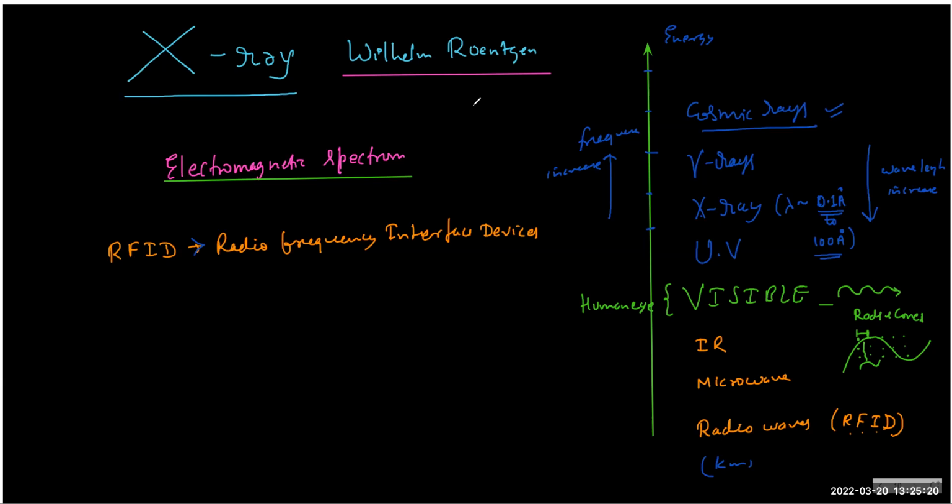So we break the hybridization, and this breaking of bonds requires high energy, and this high energy is possible with X-rays and gamma rays, and of course cosmic rays, which are very powerful. The human body is affected by cosmic rays, but luckily we are not so much affected because of the atmosphere.